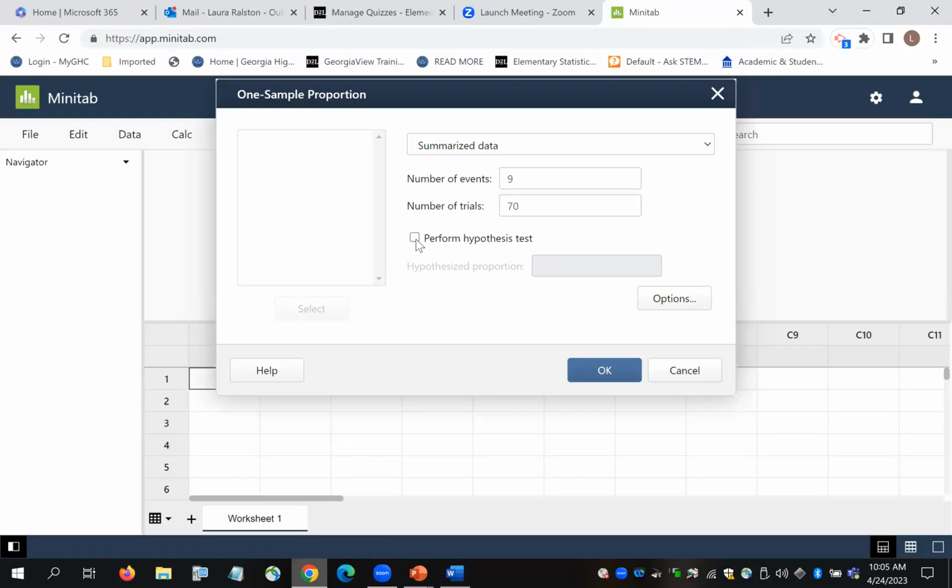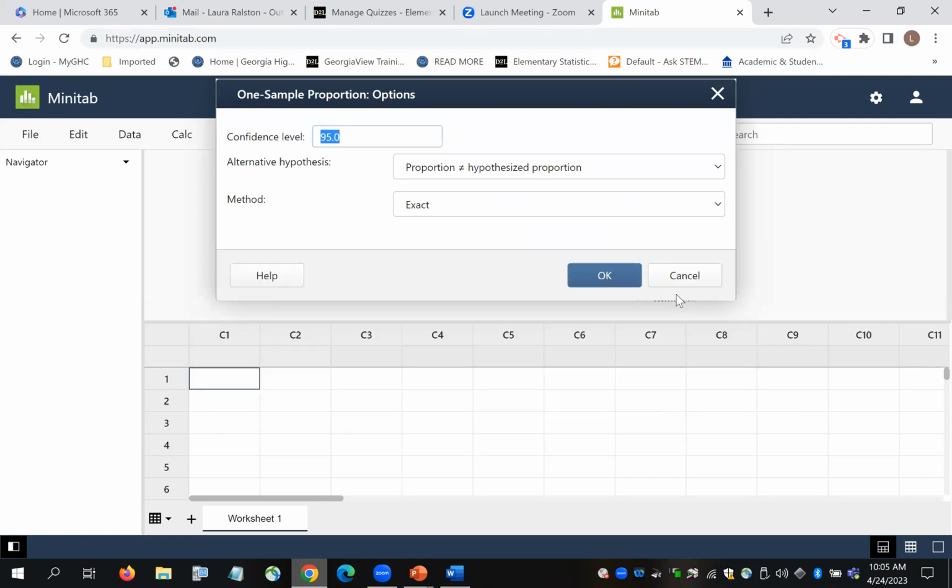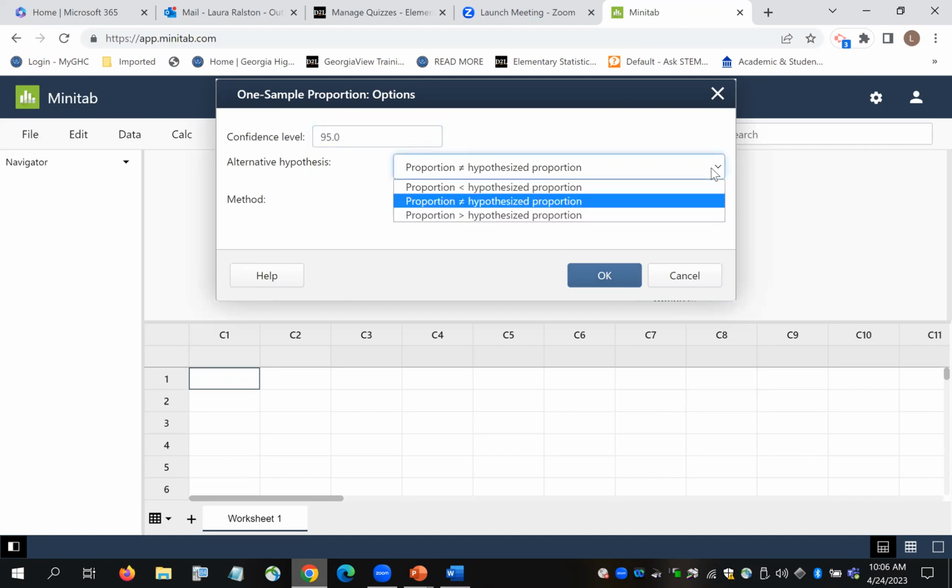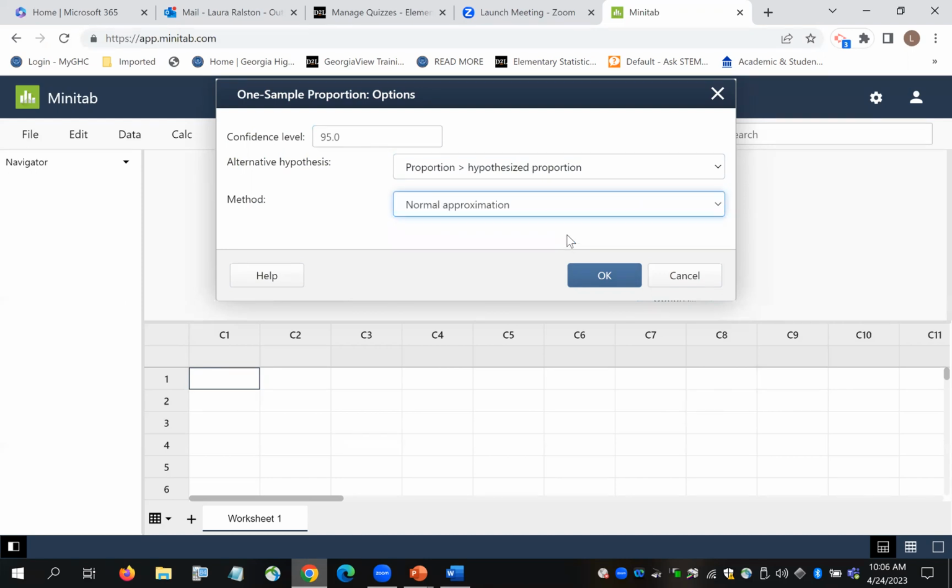I want to perform a hypothesis test, and my hypothesized proportion is the 12%, but you enter it as a decimal. Then I go to options. It is a 95% confidence level, but my alternative hypothesis was greater than, and we will always do a normal approximation.